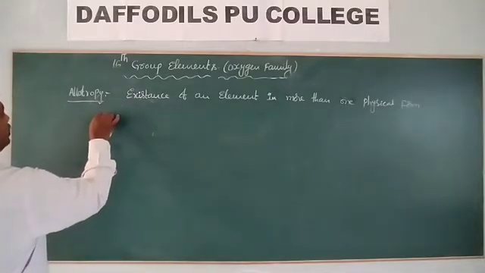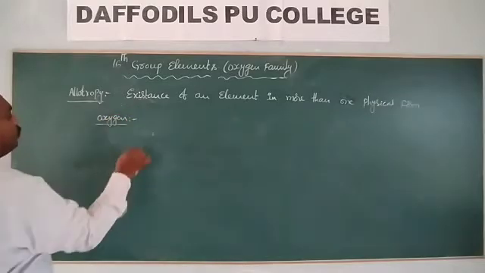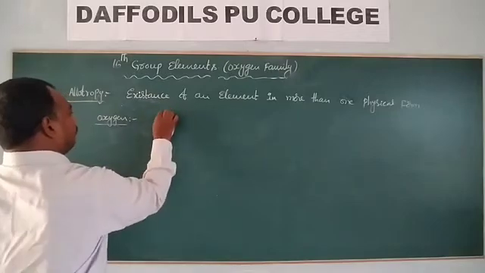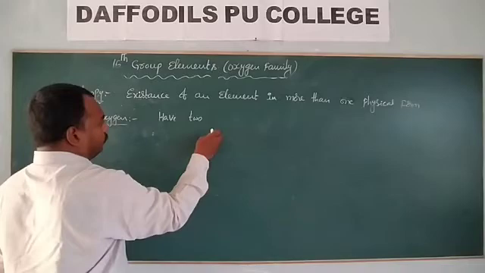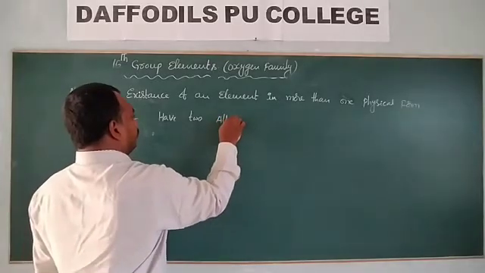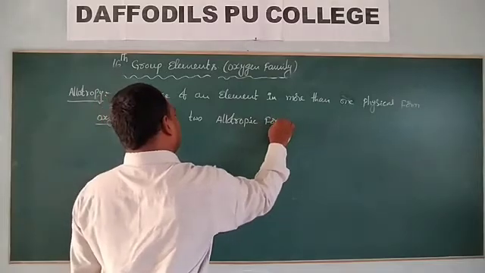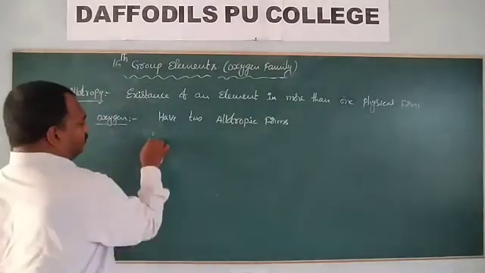The first element is oxygen. Oxygen has two allotropic forms. Number one is O2, number two is O3.